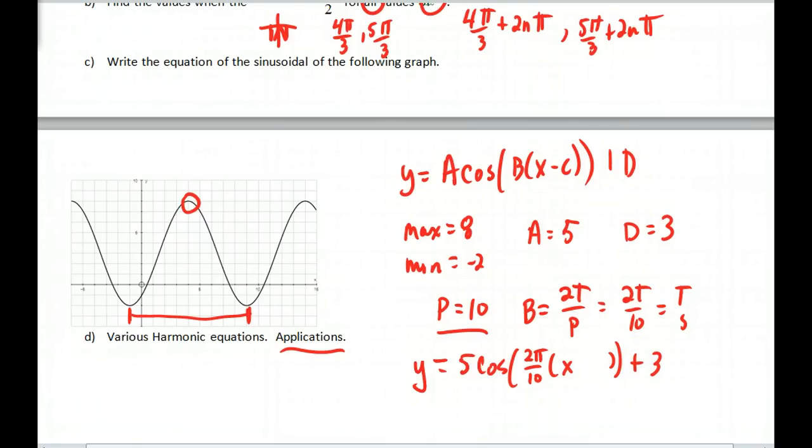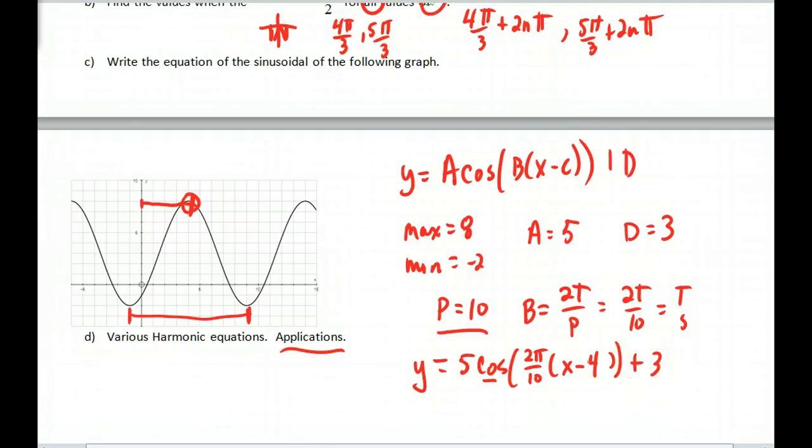Now, what happens is that since I'm writing an equation with positive cosine, I'm finding the horizontal distance from the axes, the y-axis, to my starting point. My starting point is considered to be the high point because that's where the cosine function usually starts. So if I count here, 1, 2, 3, 4. This shift would be 4, so I put x minus 4 there.